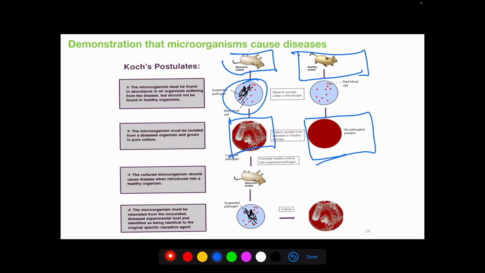Now, we introduce these microorganisms that we isolated from the diseased animal into the healthy animal. And when we do that, it should cause disease in the healthy animal. Afterwards, when we take samples of this animal, we should be able to see that it is the same organism that we transferred from the diseased animal that is causing the disease in this new animal. So this is all about Koch's postulates.